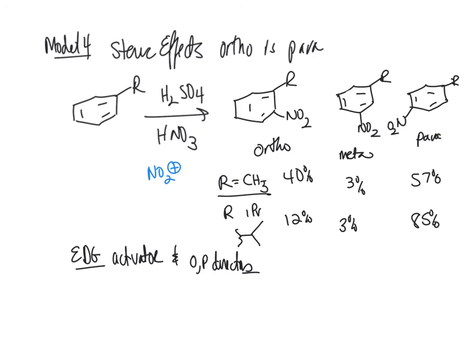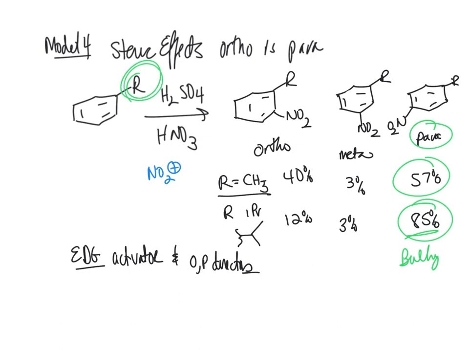Well, your para product is going to be higher yielding, and it's because the R group is bulkier for an isopropyl. Explain why there is a strong preference for the para product, and it's because of steric hindrance. So you're going to have more para because para is going to be further away from that R group.